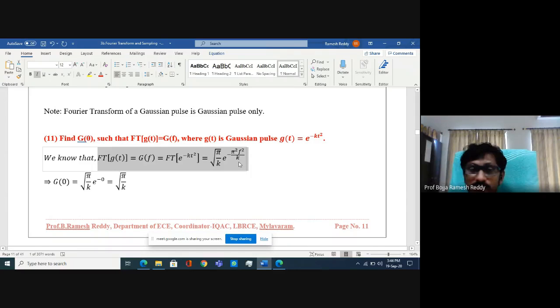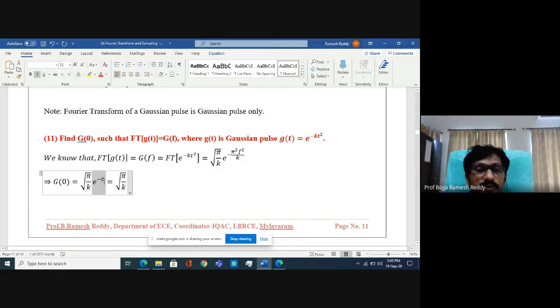This is the previous derivation. If we know this formula, what they are asking is very simple: what is G of 0? Substitute f is equal to 0. Then G of 0 is equal to root of pi by k e to the power of 0, and e power 0 is 1.